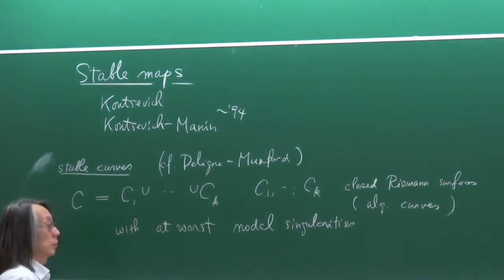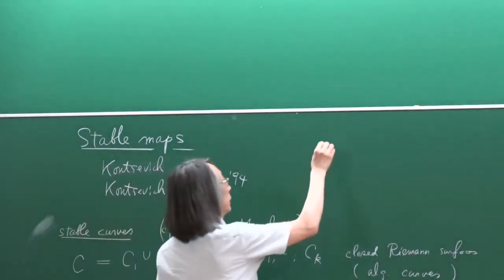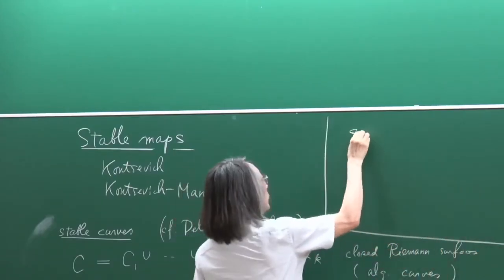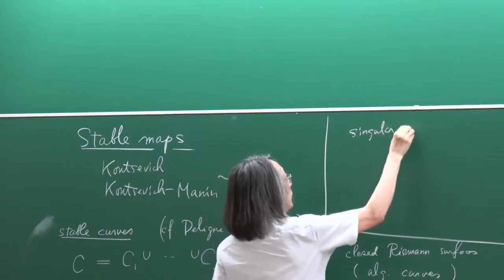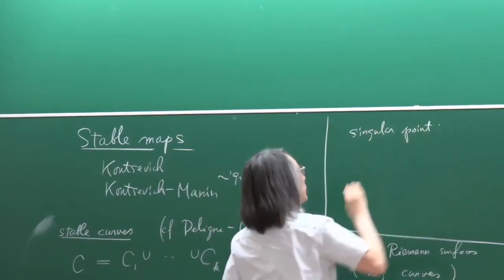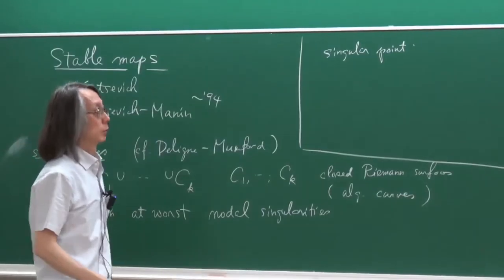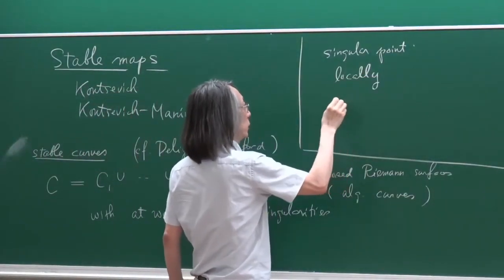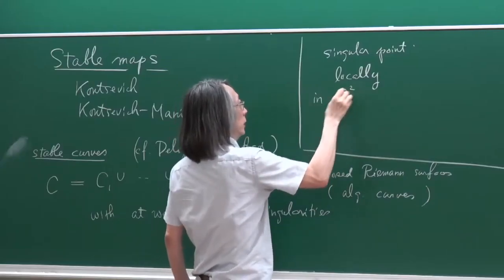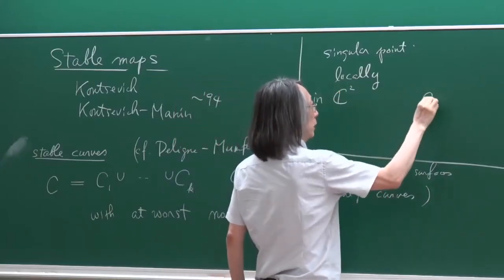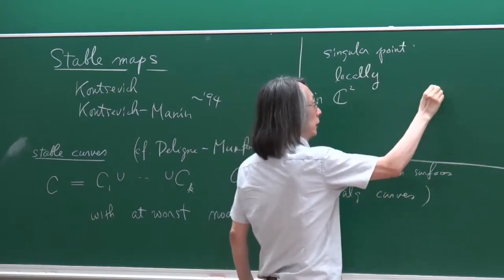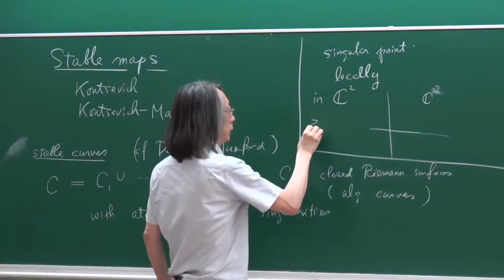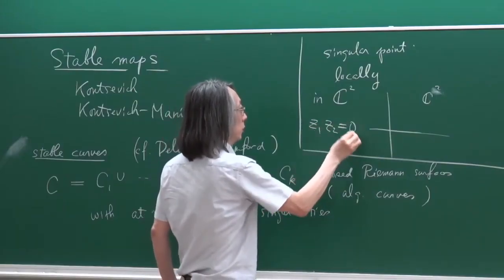Namely, locally, so singular points. A singular point is only of the following type, locally. In C2 you have two coordinate axes like this, so z1 z2 equals 0.